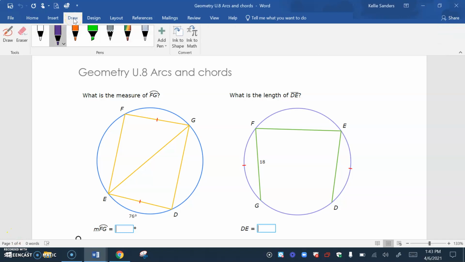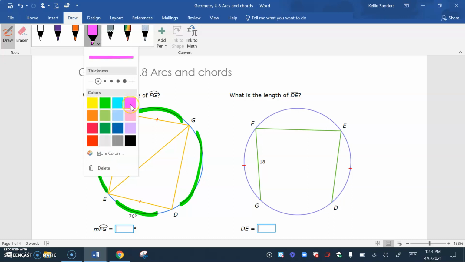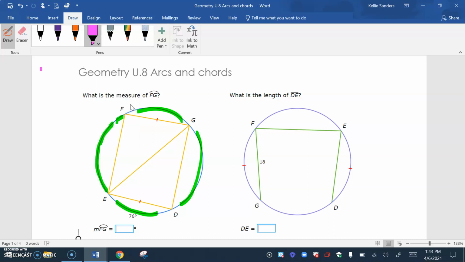U8, arcs and chords. So we talked about arcs, and arcs are just parts of the circle. All of these are arcs. And then chords, we barely touched on that in U1 when we were talking about parts of a circle.